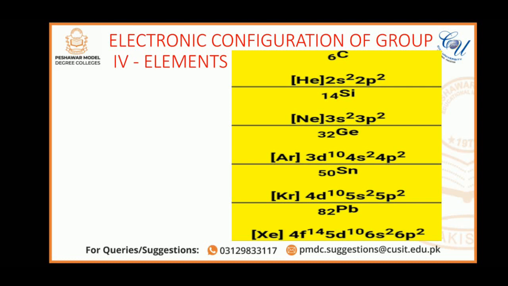And the valence shell electronic configuration of carbon is 2s2, 2p2, silicon 3s2, 3p2, germanium 3d10, 4s2, 4p2, tin 4d10, 5s2, 5p2, and lead 4f14, 5d10, 6s2, 6p2. Here you can see from germanium to lead, D and F electrons are also added.